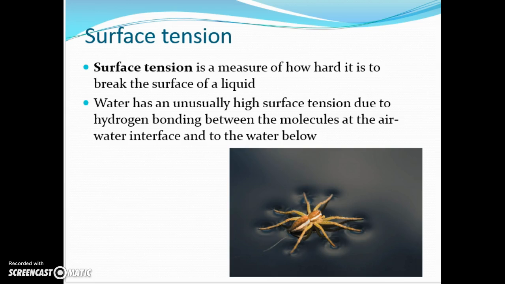So water has an unusually high surface tension due to that hydrogen bonding between the molecules at the air-to-water interface, and then the water below. So it allows things like this spider to walk across as if they're walking on a hard surface.